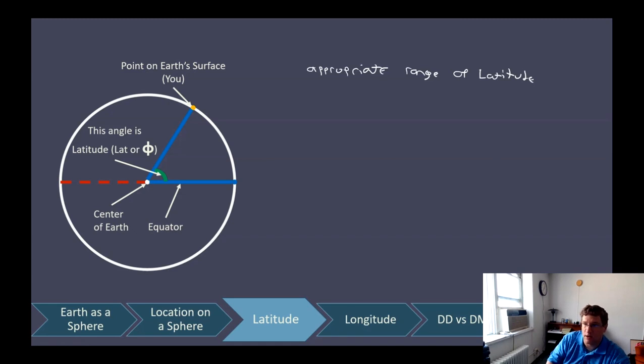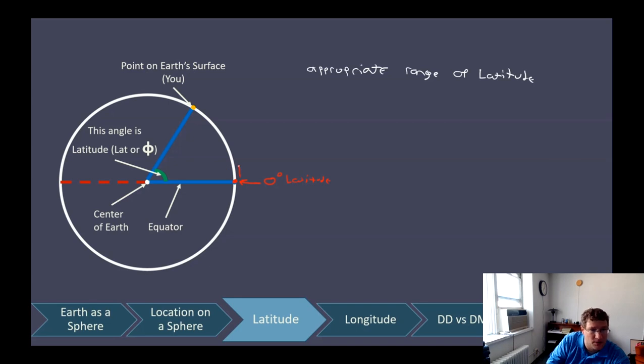Let's work under the assumption that if we call this angle here, where you are on the equator, 0 degrees latitude, which makes sense, because the angle between you and the equator in that case would be 0.